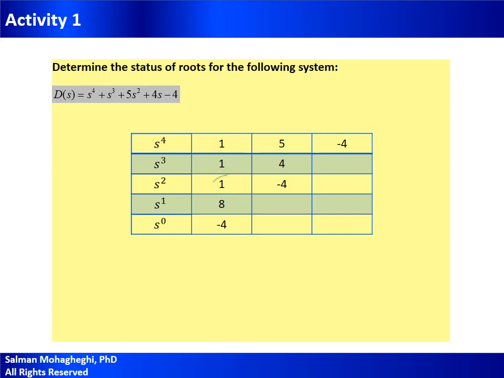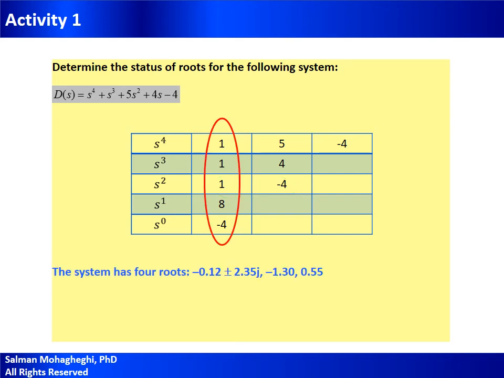So, for example, consider this one: 1 times 5 minus 1 times 4 divided by 1, which is 1. How about this one? 1 times negative 4 minus 1 times 0 divided by 1, which is negative 4. I can continue this process and see what the rest of the entries are. I would get 8 for C1 and negative 4 for D1.